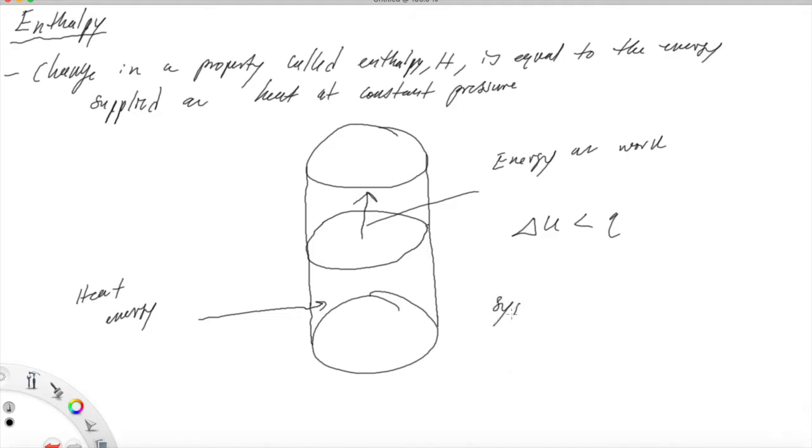How do we know that if we're heating something at constant pressure, dH is going to be equal to dQ? Why are we using H instead of U?